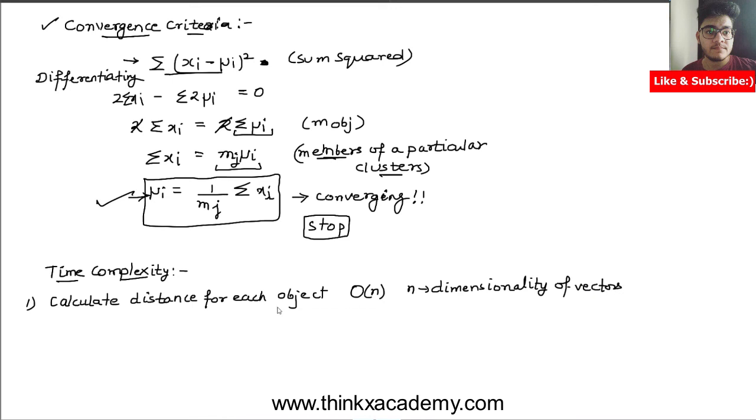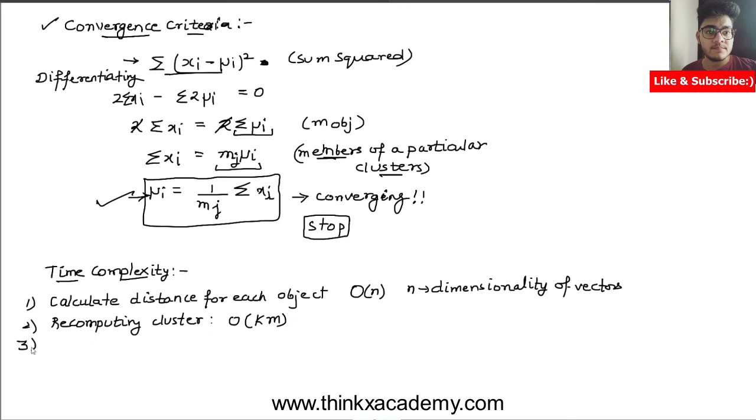Alright, what else? We were also reassigning the clusters, recomputing the clusters, and it will basically take big O of k m time, right? So k is the number of clusters and m is the number of objects.